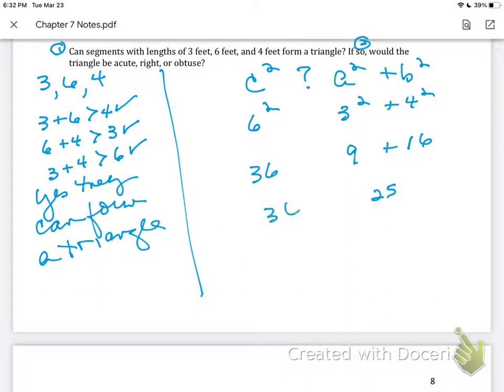So we're going to compare 36 with 25. And 36 is greater than 25. So you can make all these blank spaces greater than. And look where the arrow is pointing. It is pointing towards the B, so therefore that will be an obtuse triangle.